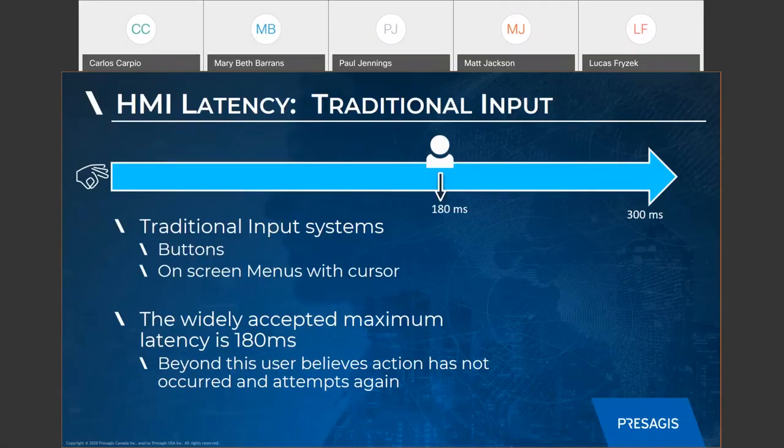Anything beyond that is typically assumed as the system's not responding. The user starts bashing away at it going, hey, this doesn't work. So we're always trying to get below 180 milliseconds, but this is a discrete action. So press a button, press a menu on the screen, you expect to see something occur.